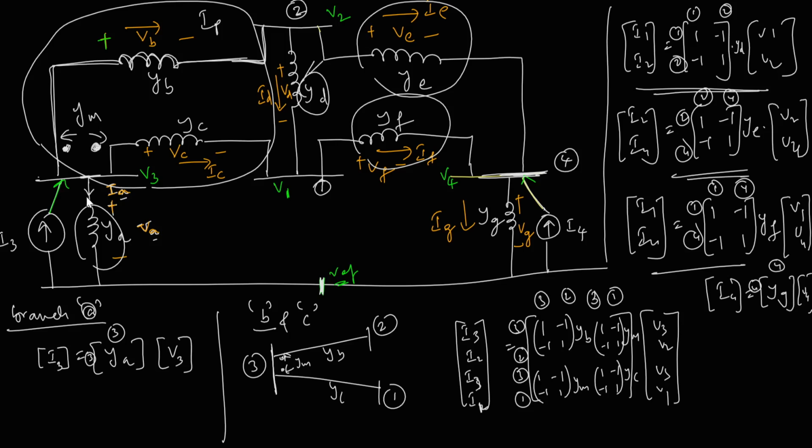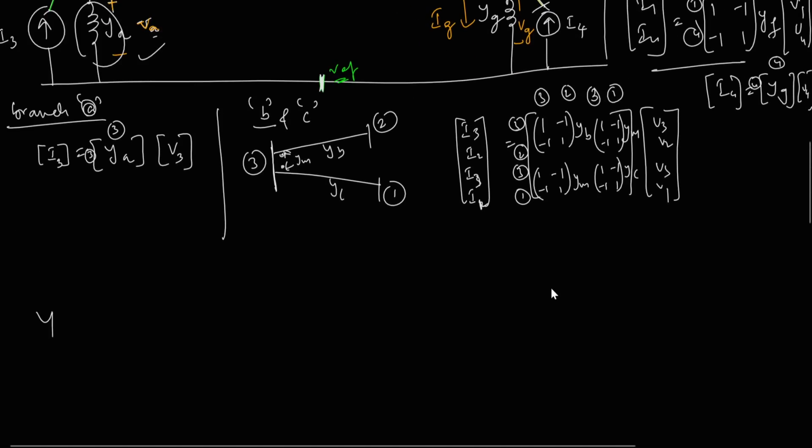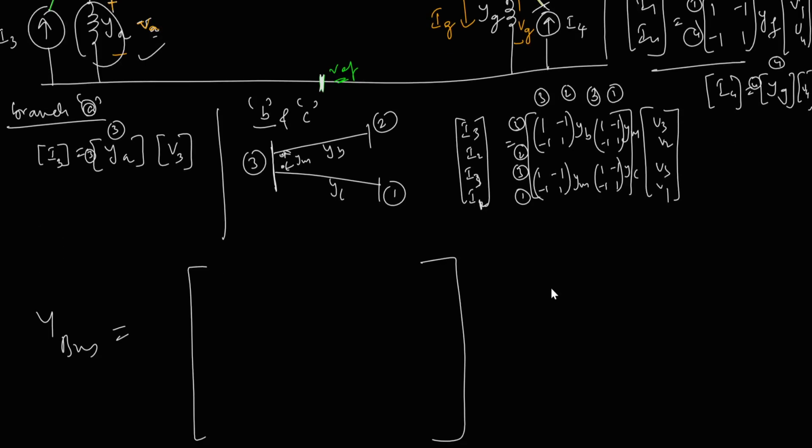Now I have the building blocks for all the branches, right? Now simply you can write down the Y bus of this 4 by 4 matrix, because we have 4 buses, 1 2 3 4.